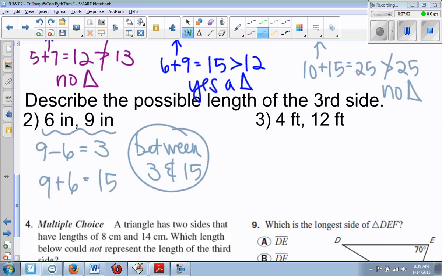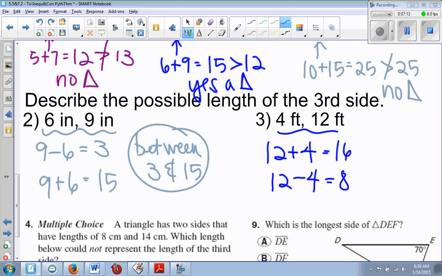Same thing's going to be true over here. If I take those two numbers, the possible third side is first going to be the addition and subtraction. So 16 and 8. Which means that my third possible side could be anything between 8 and 16.